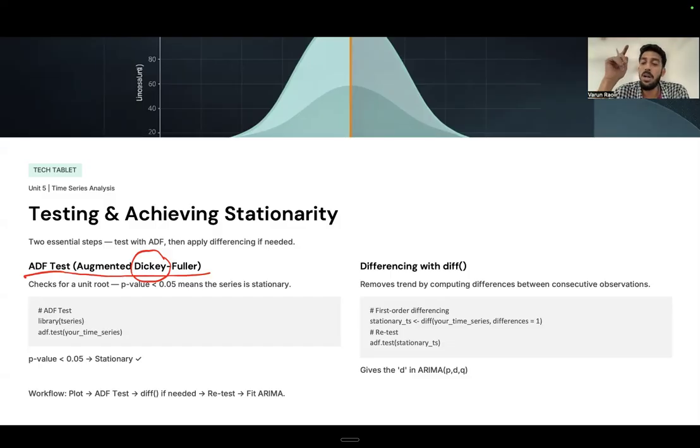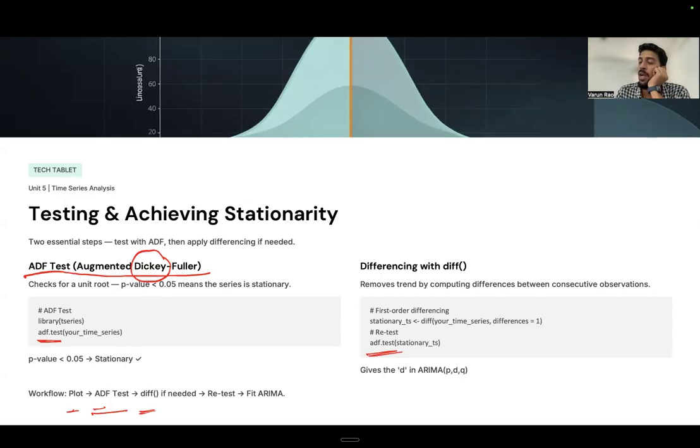In order to work on the augmented Dickey-Fuller test, here you can see you have the ADF test, and here you have the ADF test once again. So this is the workflow. As you can see, you would first generate a plot. Once the plot is done, you would run the augmented Dickey-Fuller test.